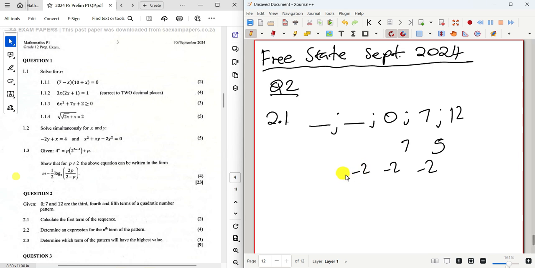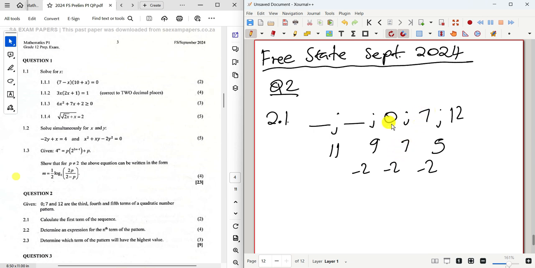So let's see. 5 minus 2 will be 3, then 7 minus 2 will be 9. Hear me out. 9 minus 2 will be 11.